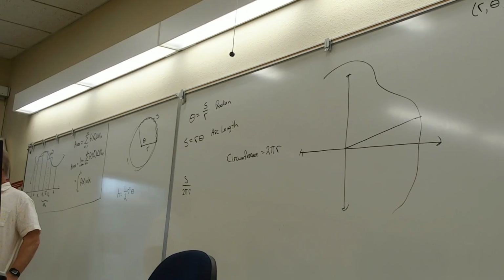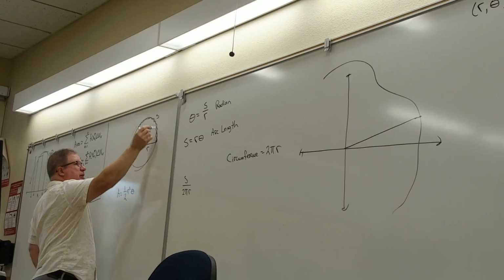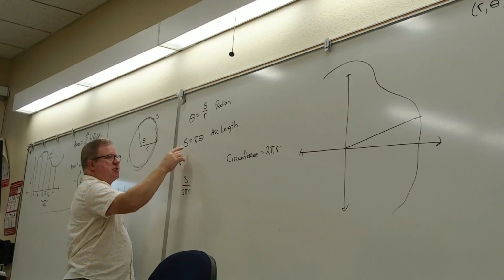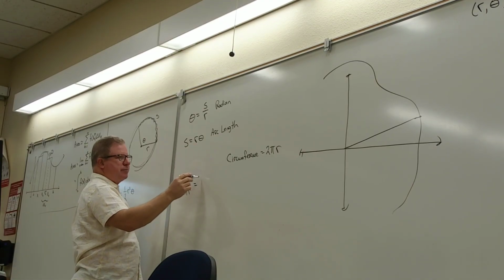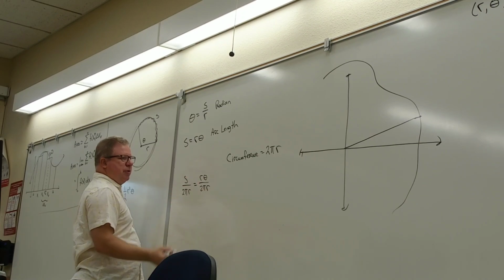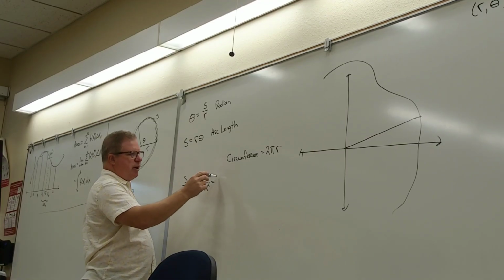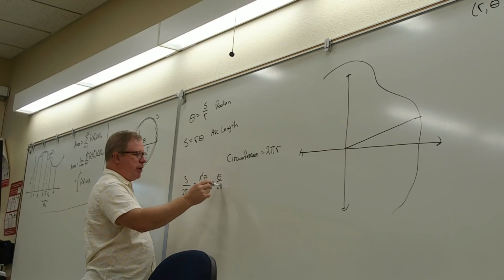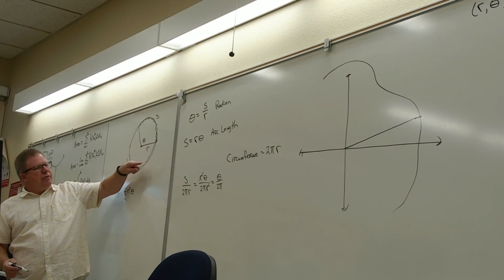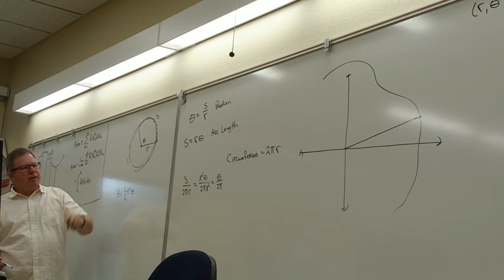Does that make sense? That ratio of this distance, the arc length, divided by the distance all the way around, that's the fraction of the circle that is. Well, S, we just said right here, is equal to r theta. And then these r's can cancel out, and we have theta over 2 pi. So that angle over 2 pi is the fraction of the circle this piece is.